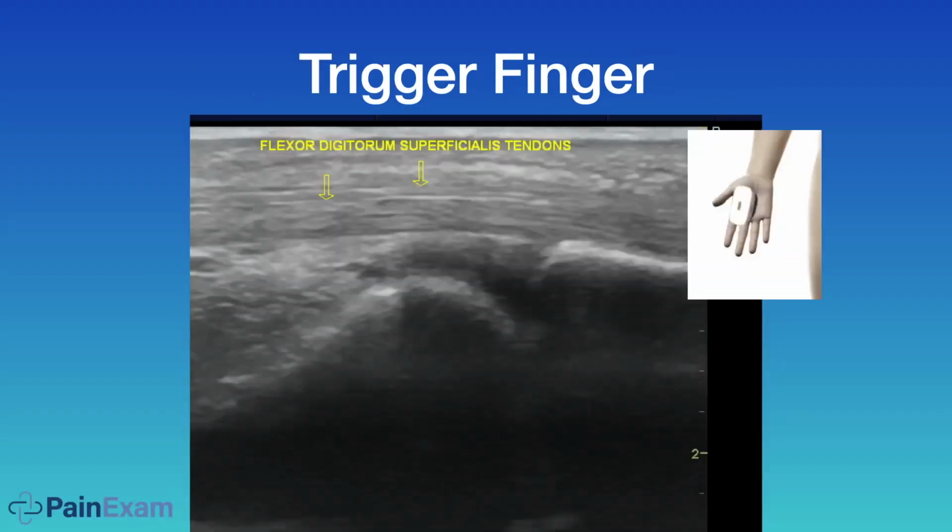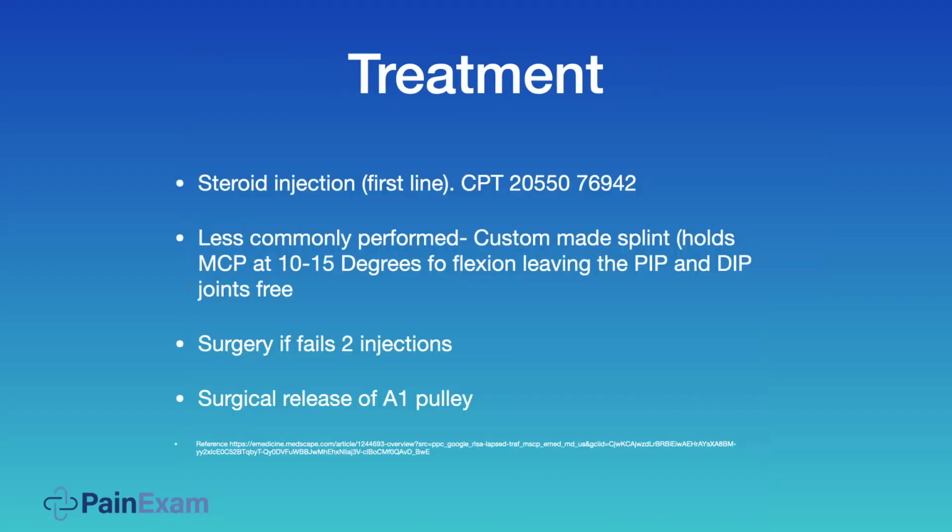So here you're looking at the ultrasound longitudinal view of the tendons. You have the flexor digitorum superficialis tendon above, and then below it you have the flexor digitorum profundus tendons. You can wiggle the fingers to see them move as well. This is a carpal metacarpal joint, MCP joint.